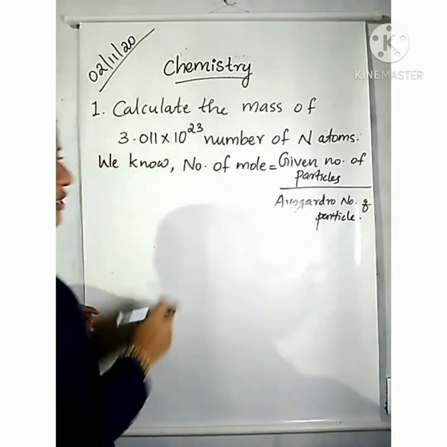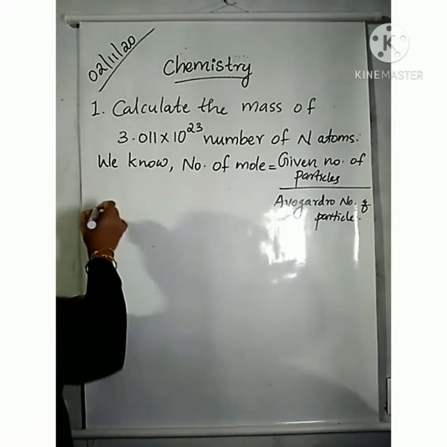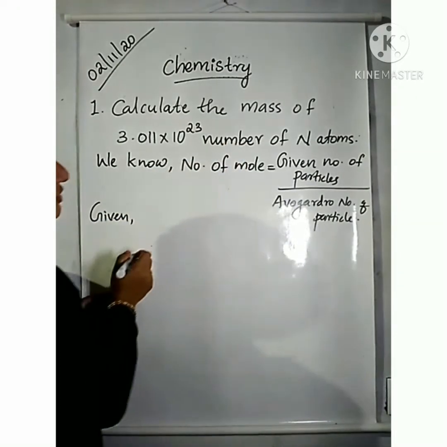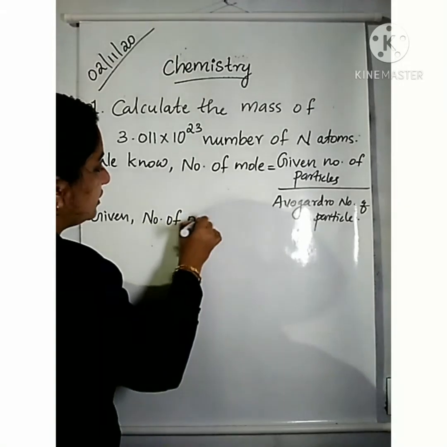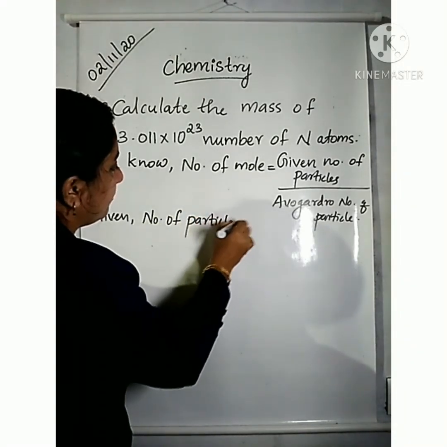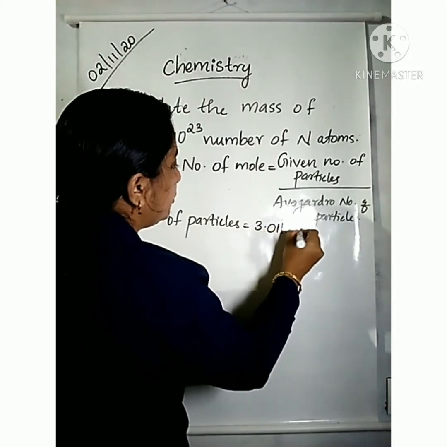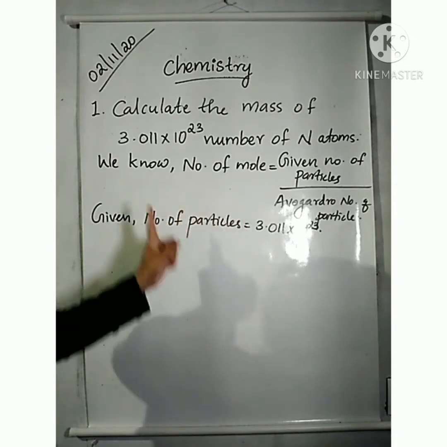This is one of the equations to find out number of mole. Here given number of particles. So number of particles equals 3.011 into 10 raised to 23. This number of particles is given.